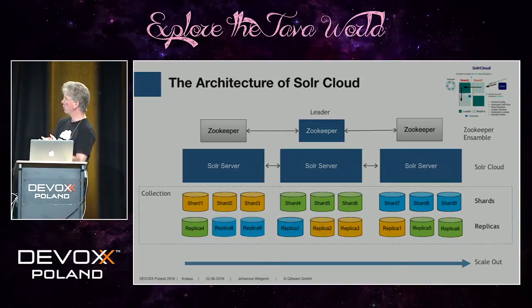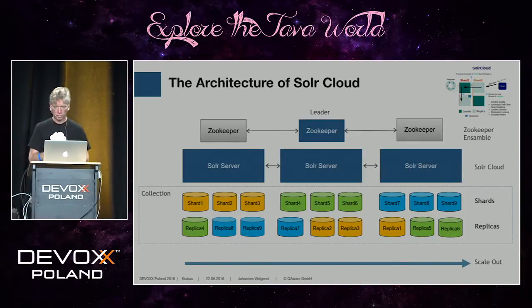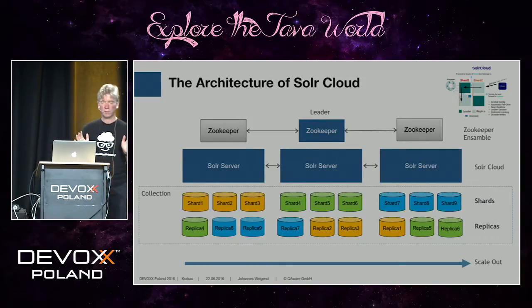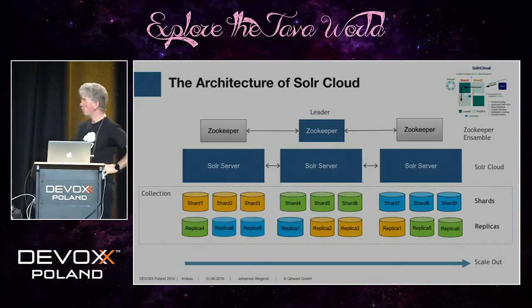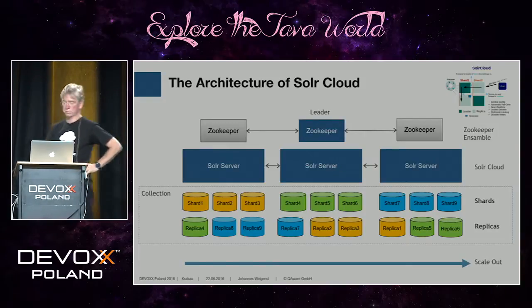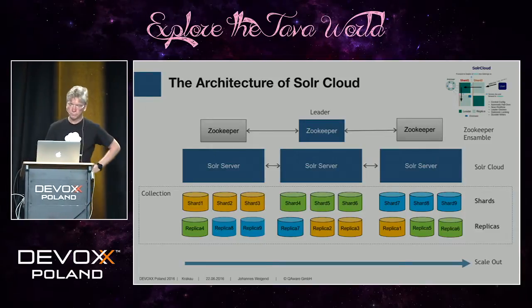And from this leader, the configuration will be distributed to the Solr servers. And we have a collection here of shards, and when you look, we have one replica. What does it mean? It means that one Solr server can shut down, and every shard stays available, because we have the replicas for every shard replicated here.